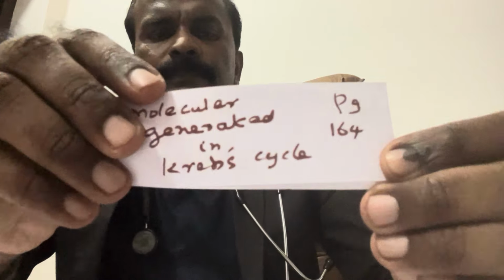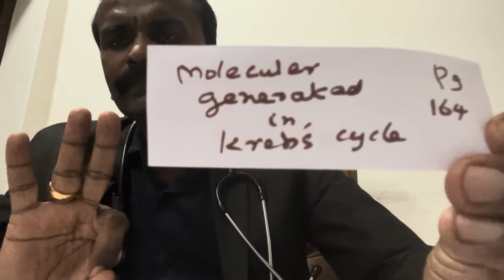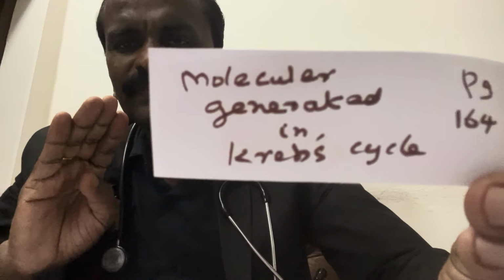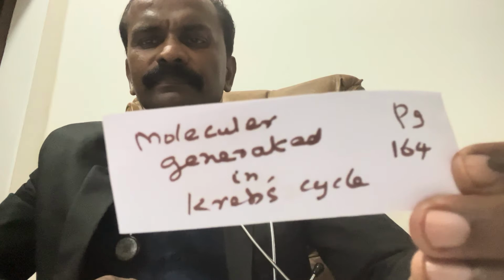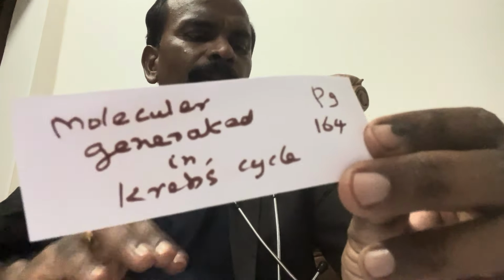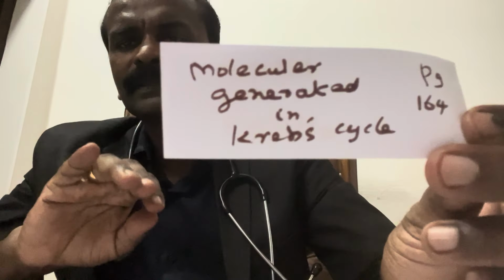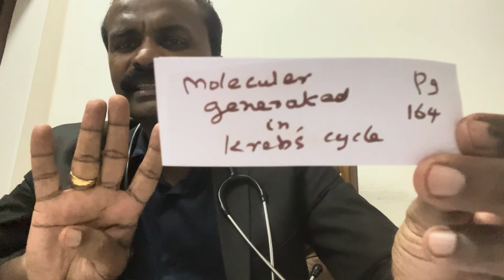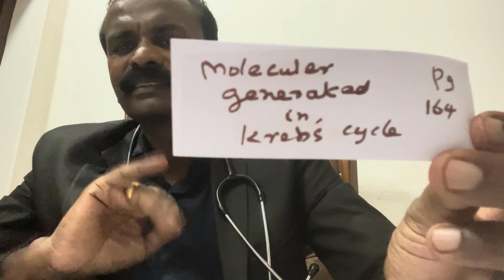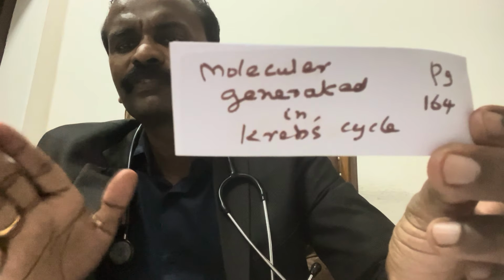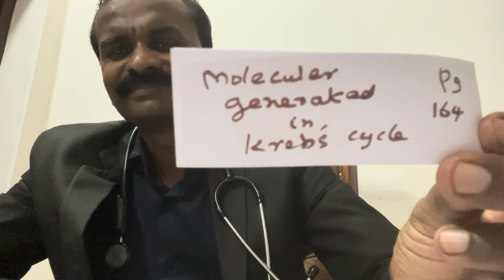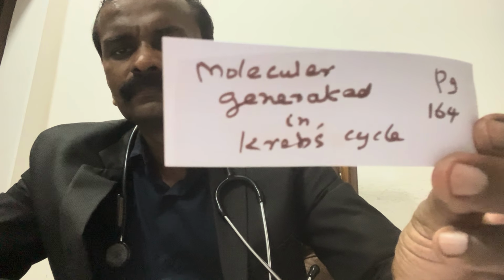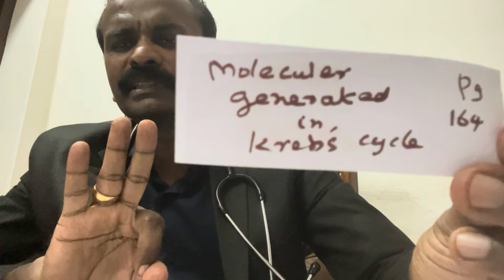Name the 3 molecules which are generated in Krebs cycle, because they'll keep these 3 and they'll keep one more choice and they will ask which is the wrong thing. And it will be the toughest MCQ. 3 molecules generated in Krebs cycle.